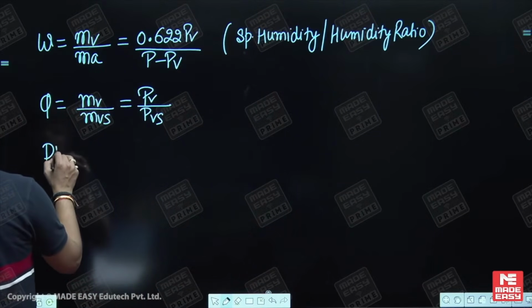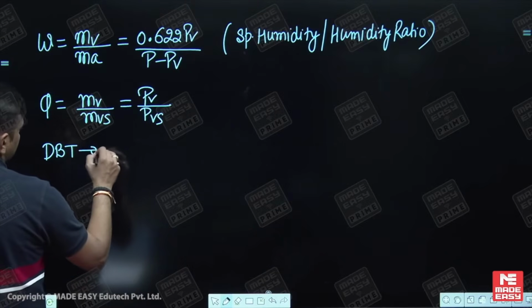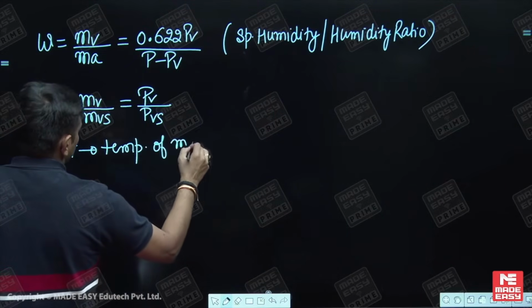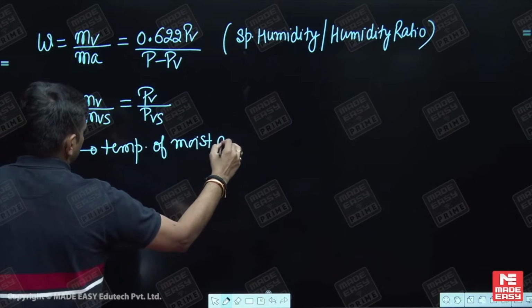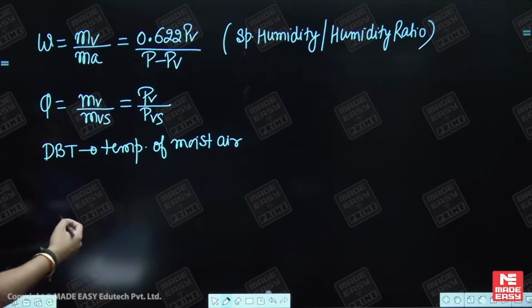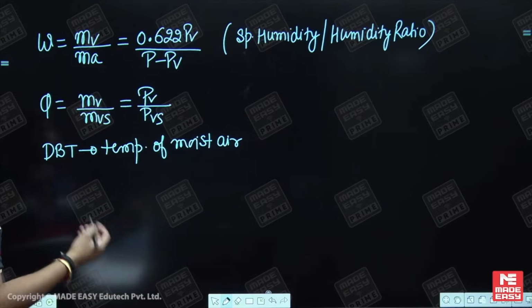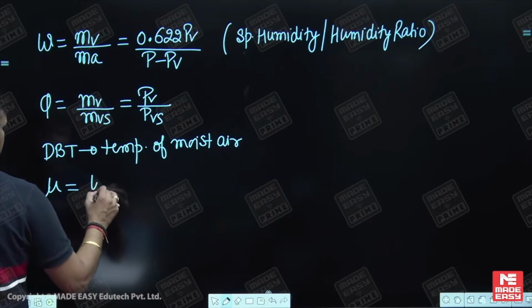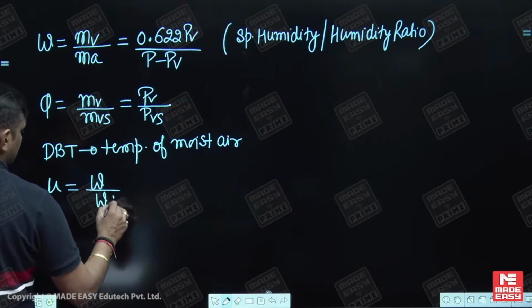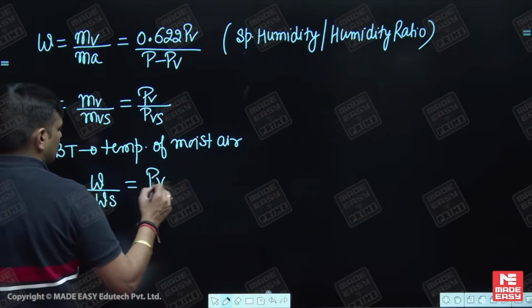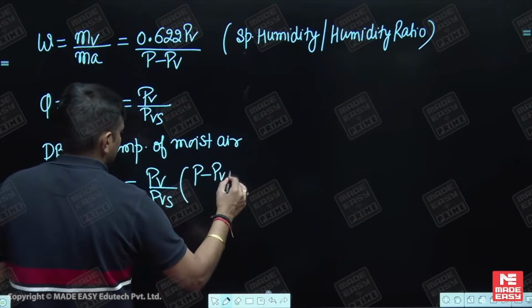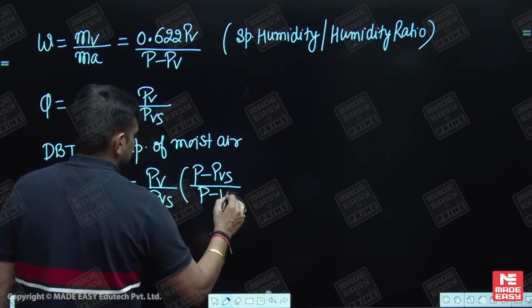Then dry bulb temperature is the temperature of moist air, and the wet bulb temperature is measured with a bulb covered with wet cloth. Next factor from the numerical point of view is the degree of saturation, which is omega upon omega s, or PV upon PVS into P minus PVS upon P minus PV.